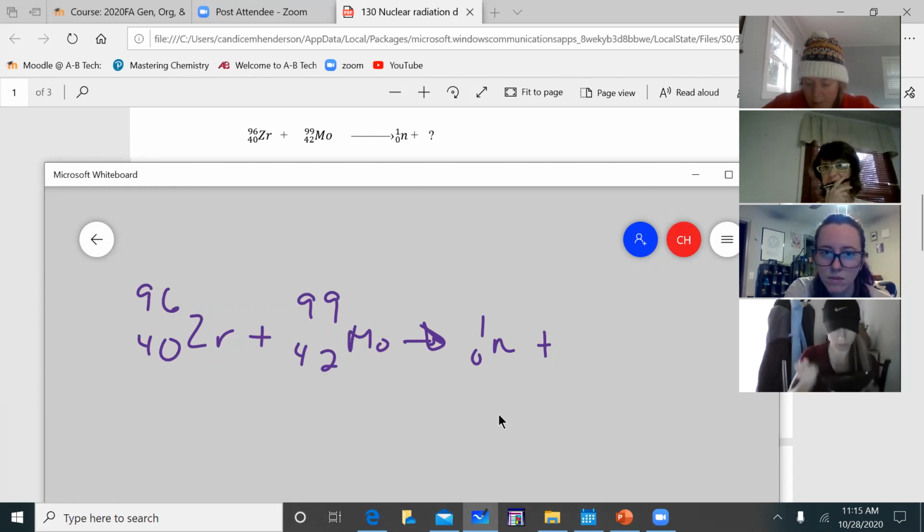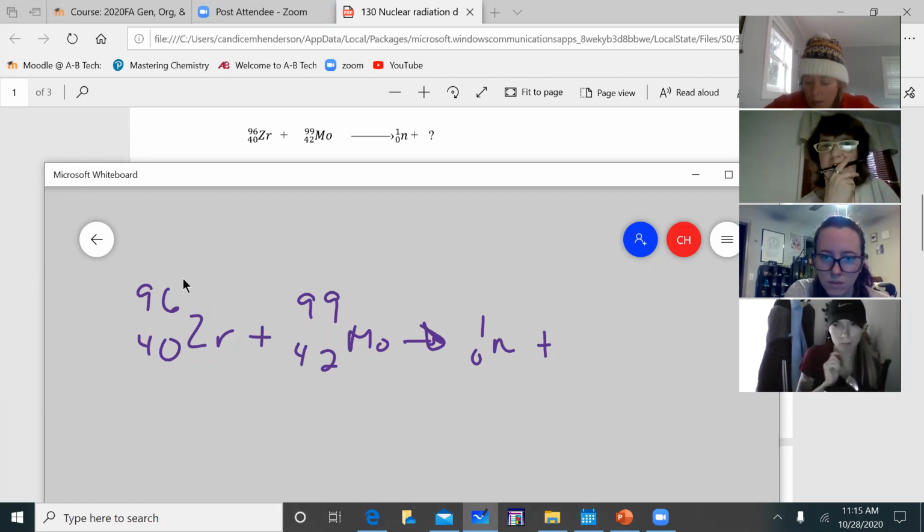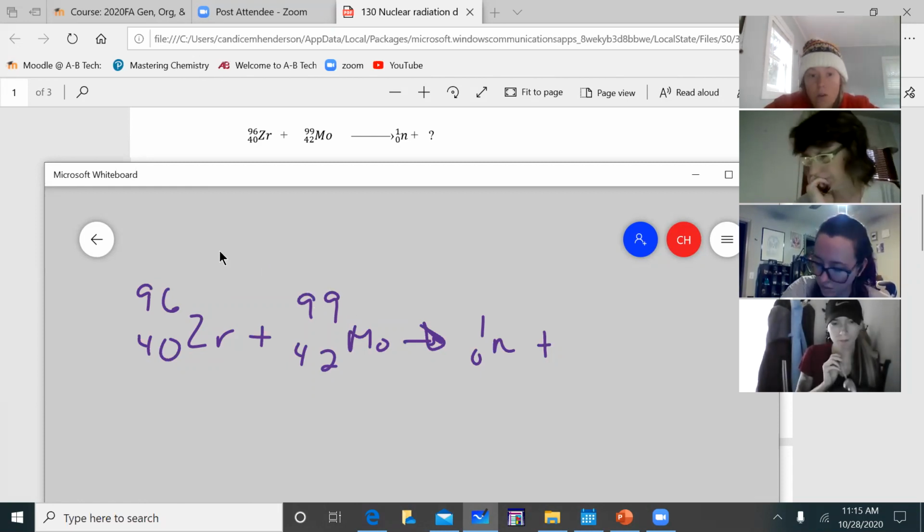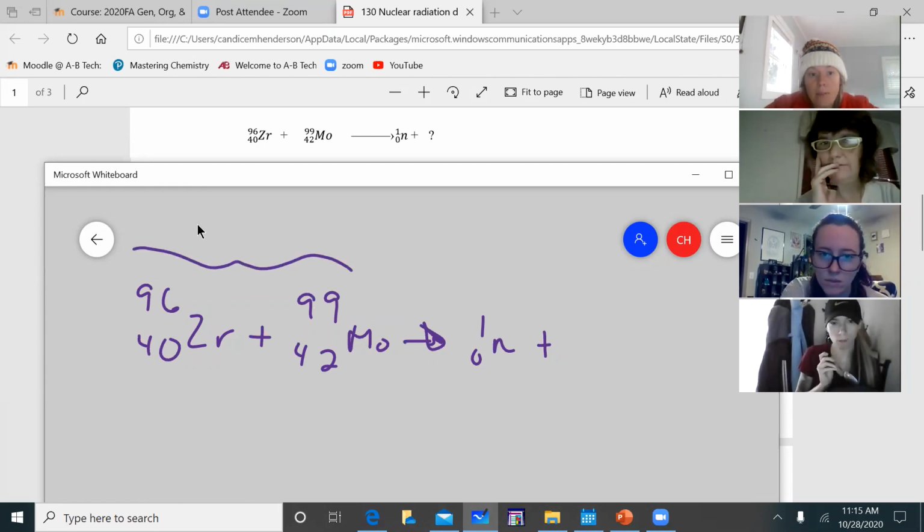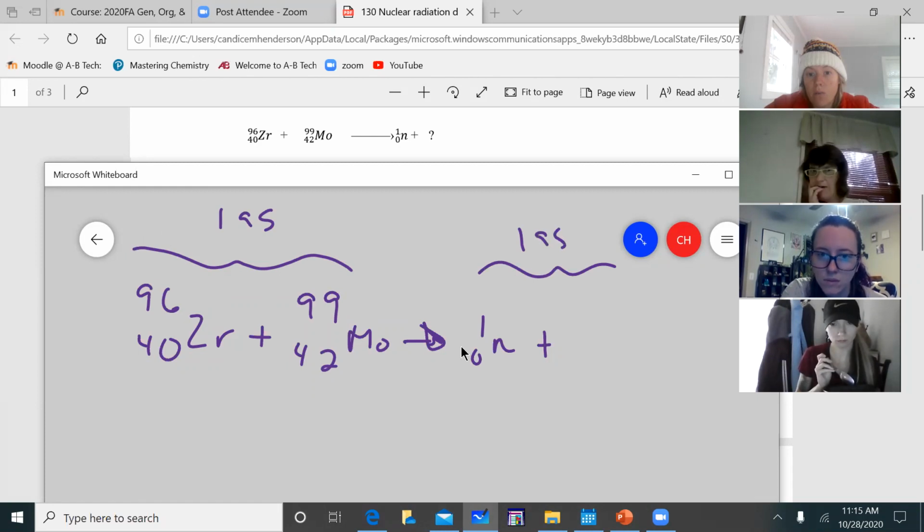Okay, so for this one, we've got 96 and 99. So our total mass for the top is 195. So we need to have 195 over here as well. One is occupied by the neutron, so 194.